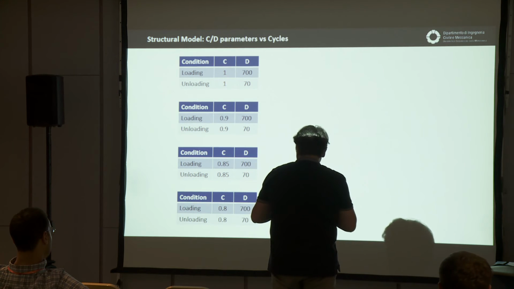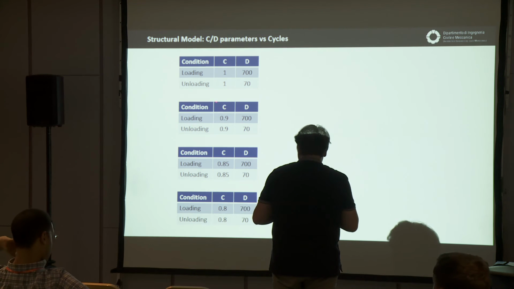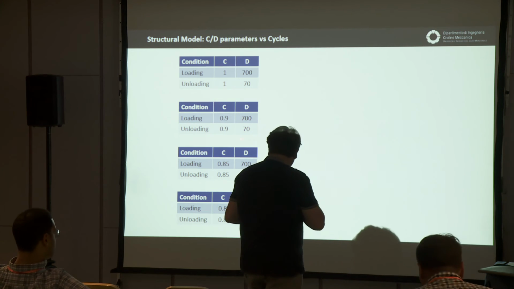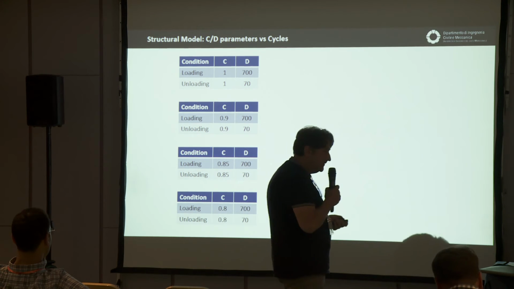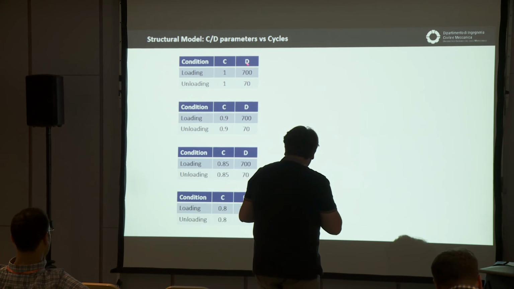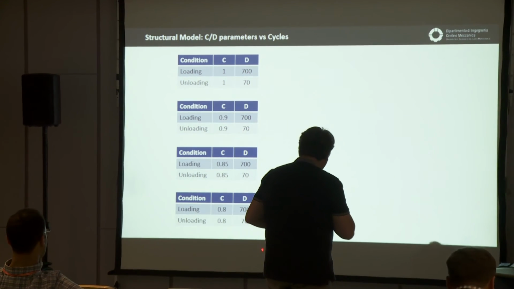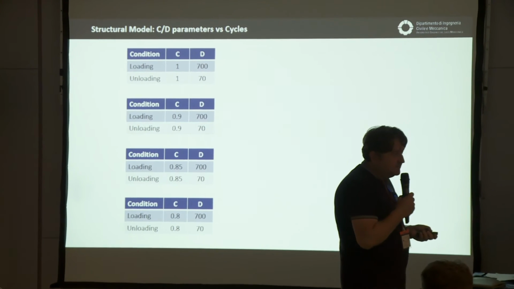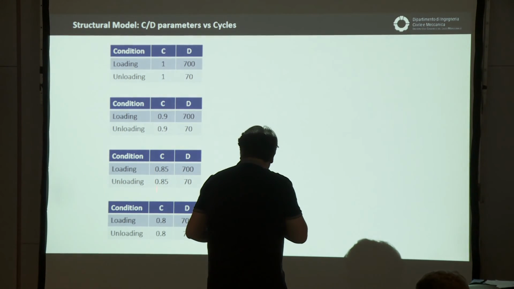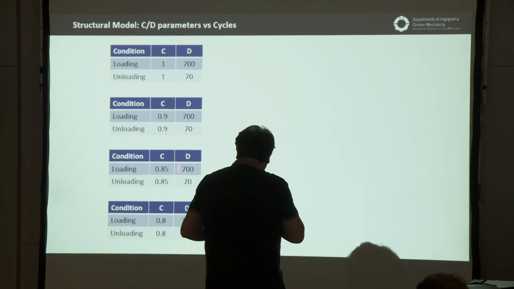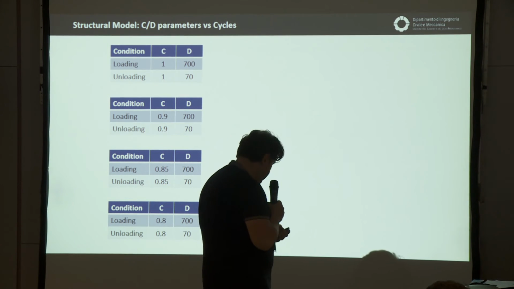C changes from 1 at the first cycle to 0.9 at 10 cycles. This is the value for the 50 cycles, and this is the value for the 100 cycles. You can see that the values of D are always the same in loading and unloading condition, and are not influenced by the cycle. It means that C takes into account the cycling, and D the hysteresis.